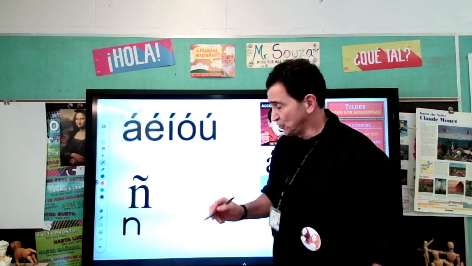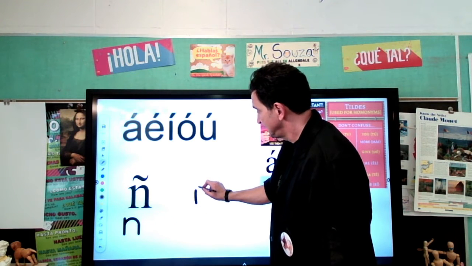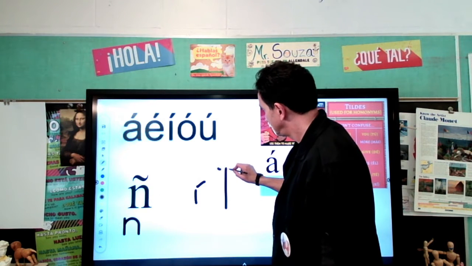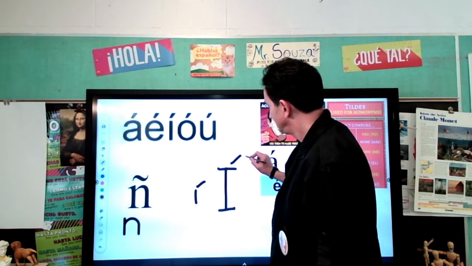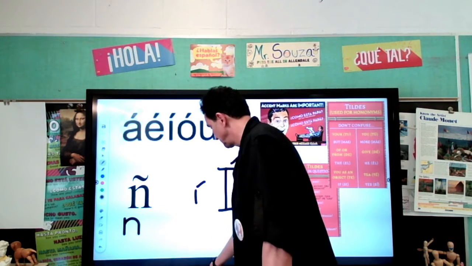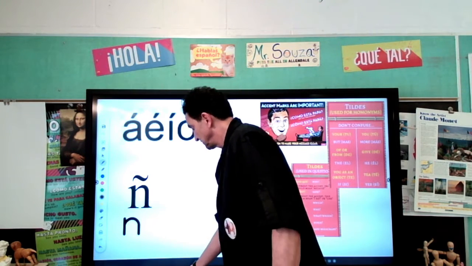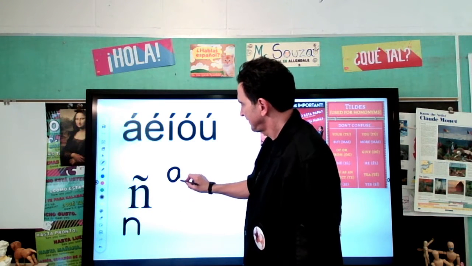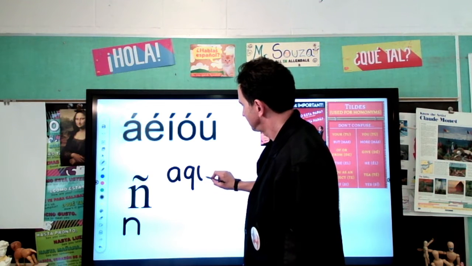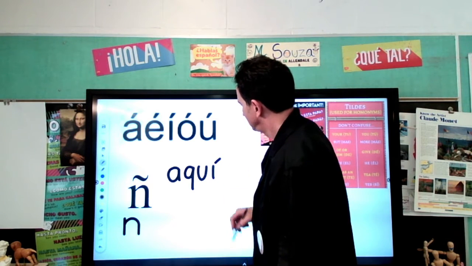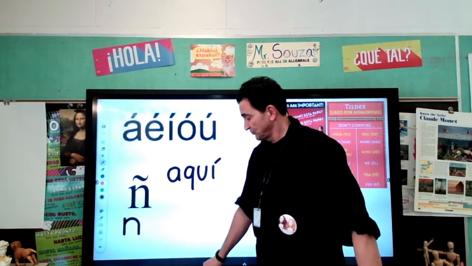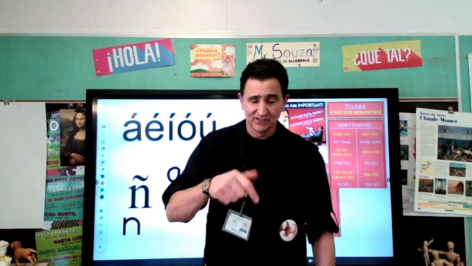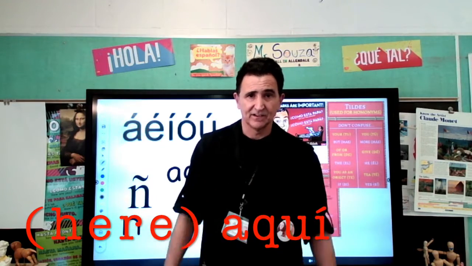What you have to do is put the accent on top. For example, the word aquí, which means here. The accent goes right on top. No dot, no period. ¿Está bien? See? Aquí.